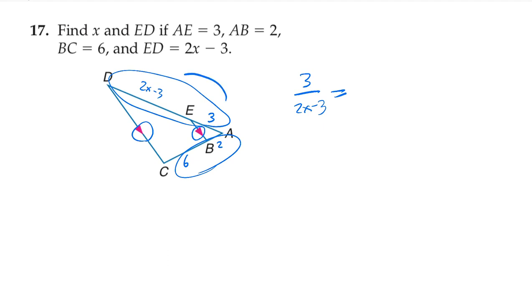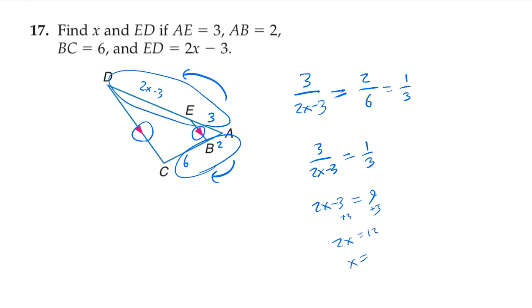So I went from the small top one to the bigger bottom. So same thing, 2 is to 6. So then on the right, I'm going to reduce that to be 1/3. So I get 3 over 2x minus 3 equals 1/3. Cross multiplying, 1 times 2x minus 3 equals 3 times 3. So adding the 3, I get 2x is 12. I get x is 6.